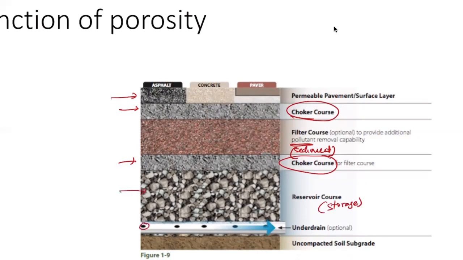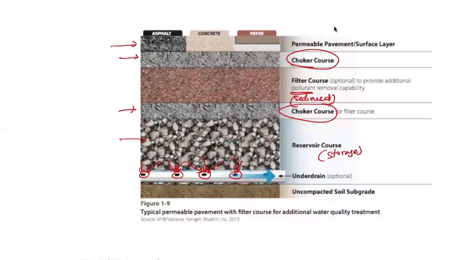As you see, these are perforated pipes that allow the water to move from different locations, and then you collect it. In this case, it says the underdrain is optional. The reason is that if your underground soil has high infiltration capacity, meaning a high exfiltration rate, then obviously you will be able to allow that water to infiltrate into the ground.